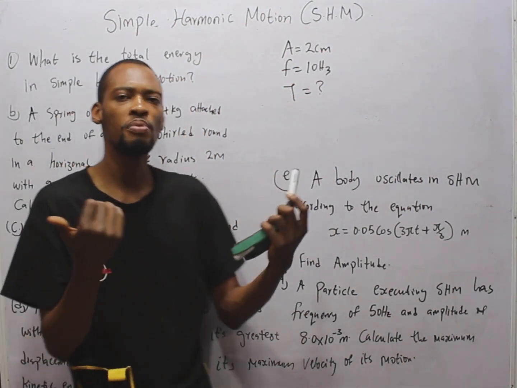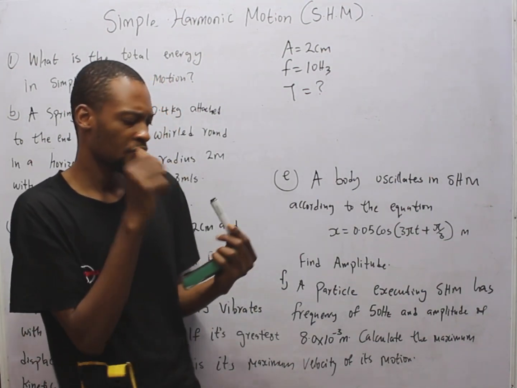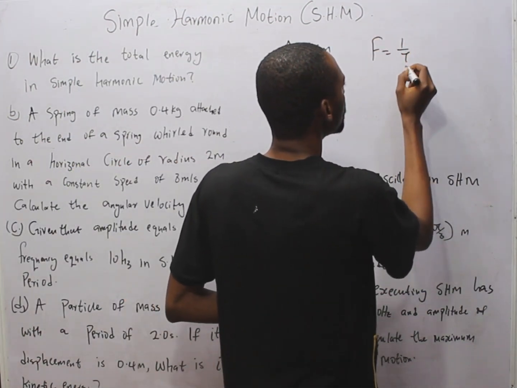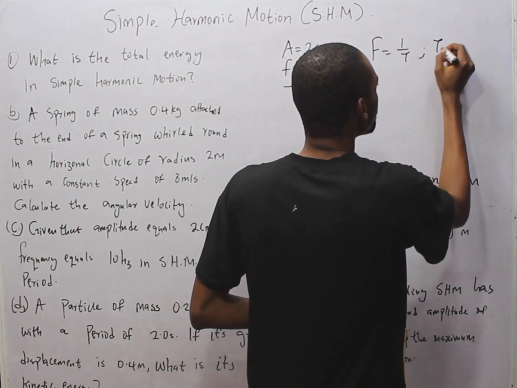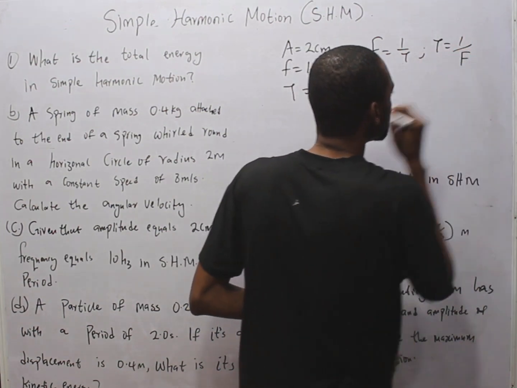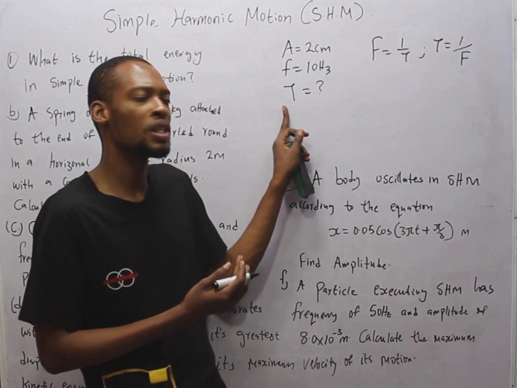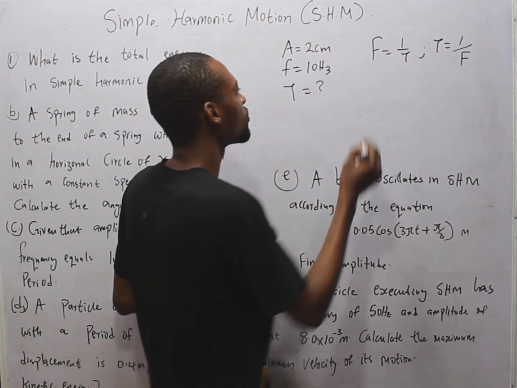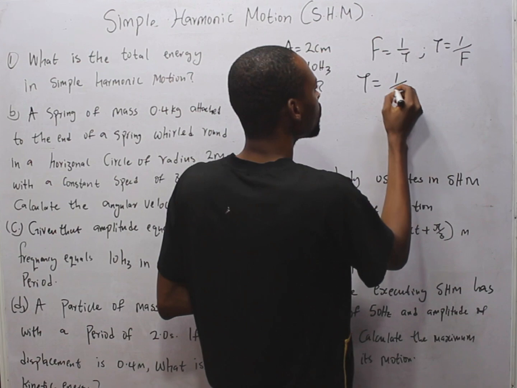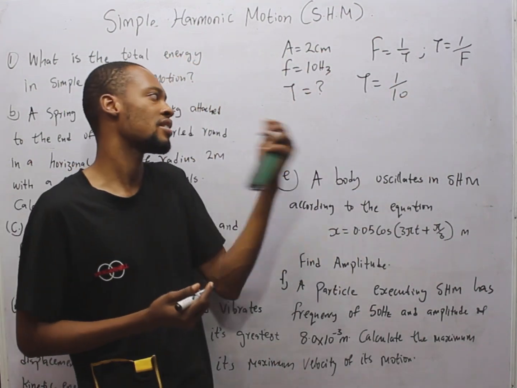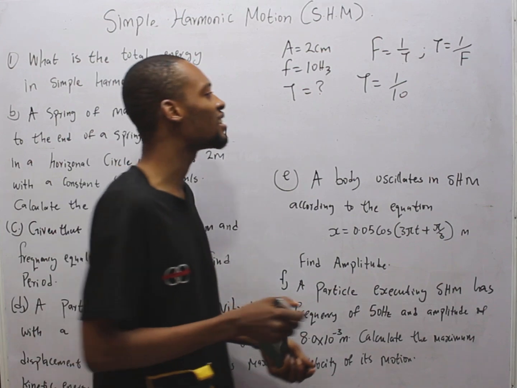This is a very simple question. Remember, I explained that frequency equals 1 over period. Therefore, period equals 1 over frequency. We are given frequency and asked to look for the period. It simply becomes period equals 1 over 10 because frequency equals 10 Hz. How do we divide this?